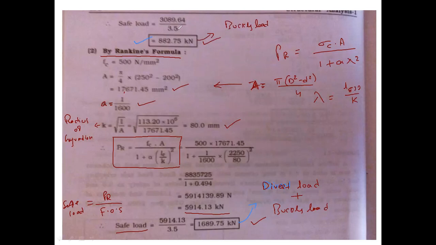So in this, the cast iron can resist only buckling. But with Rankine's more safe load, your cast iron will resist direct load plus buckling load. So this is what you need to understand when you solve the same problem with Rankine formula and Euler's formula.